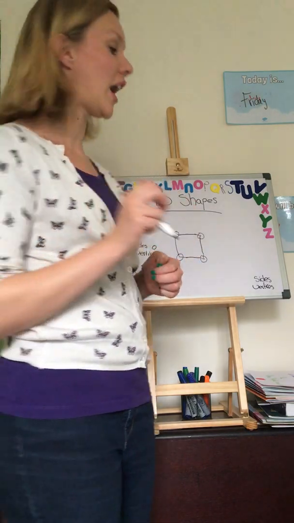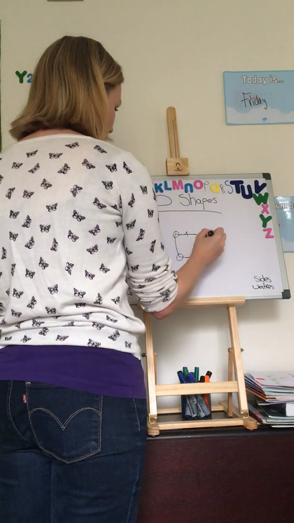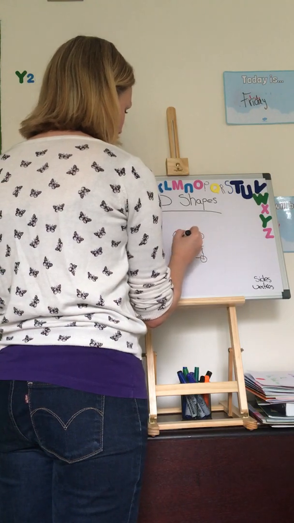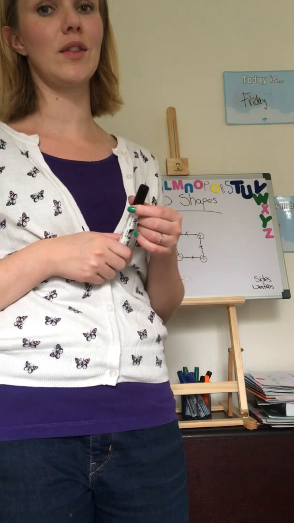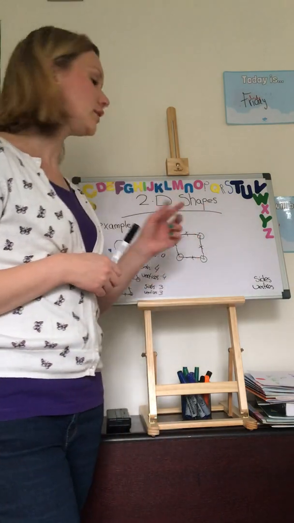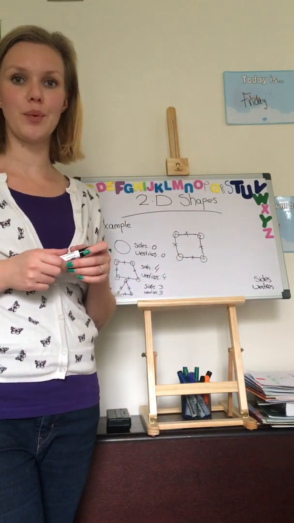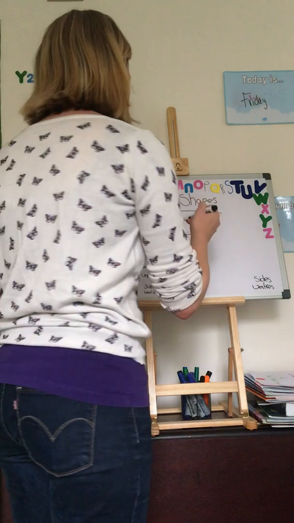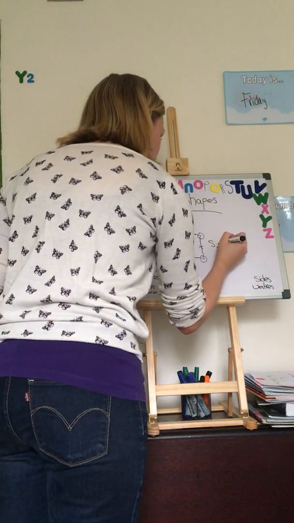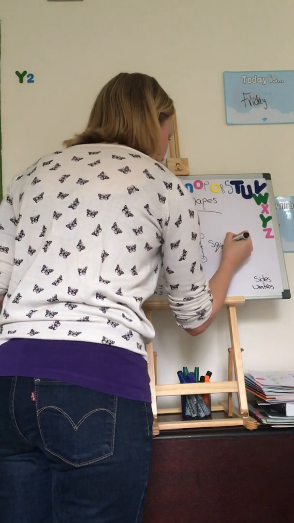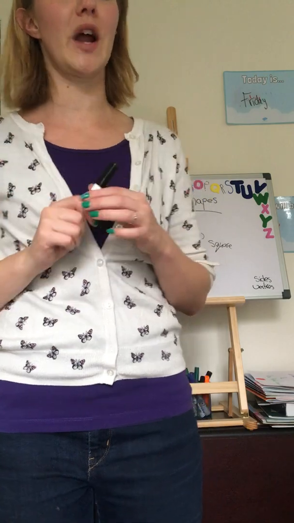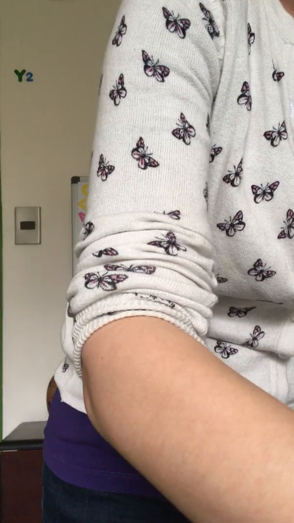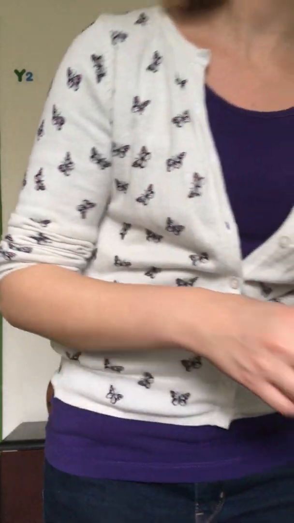And how many sides? 1, 2, 3, 4, which are all the same length. So what is the name of this shape? It is a square. So you write down number 2 and you draw the square, or you write it if you know how to do that.